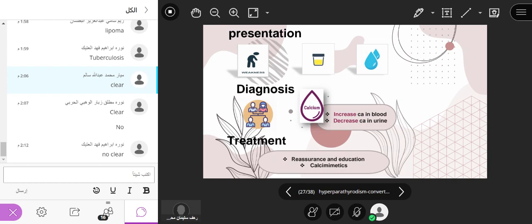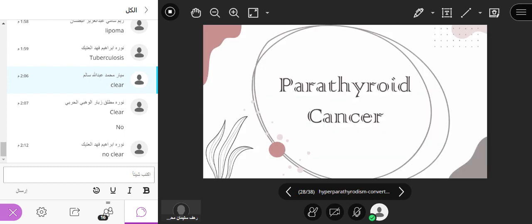The presentation: weakness, polyuria, and polydipsia. For diagnosis, we take a family history and measure calcium level in blood and urine. There is no treatment since it runs in the family, so it's either reassurance and education, and calcimimetics.